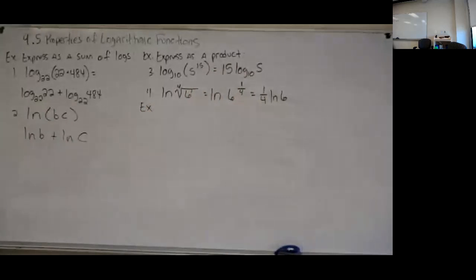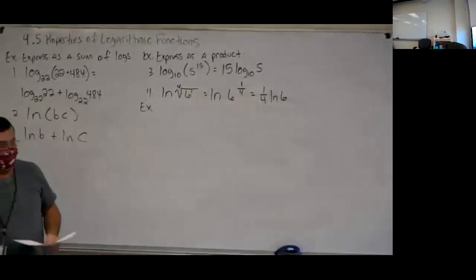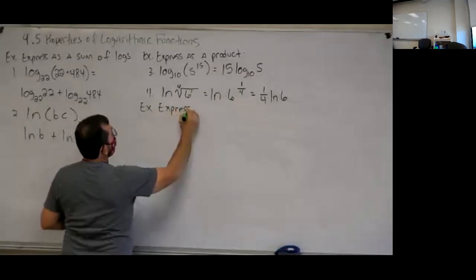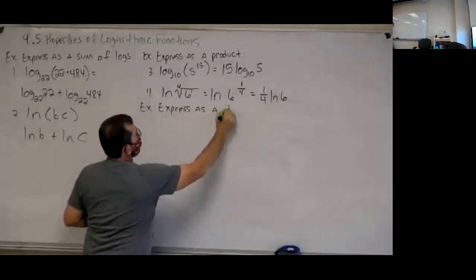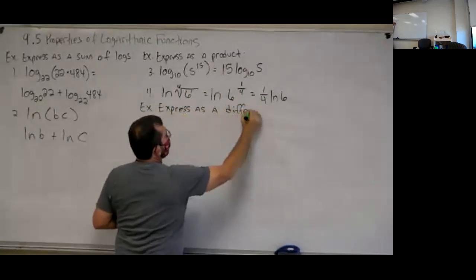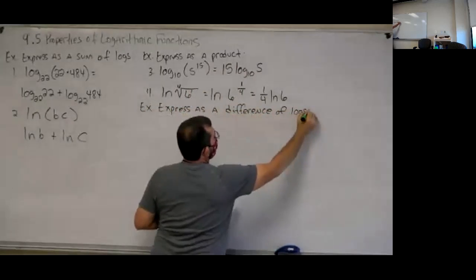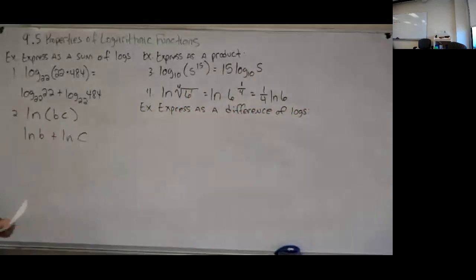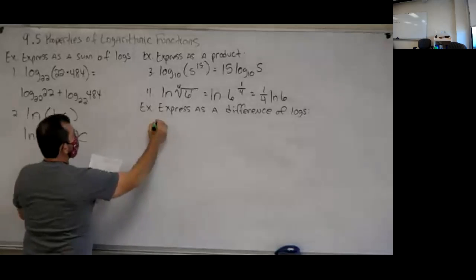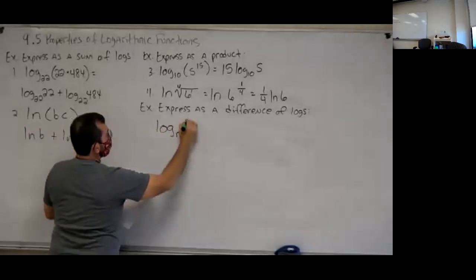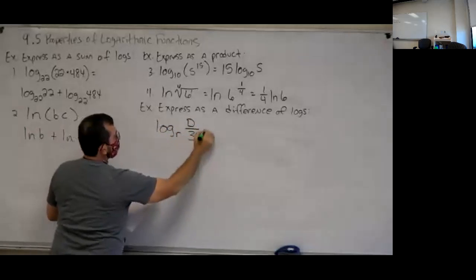So next it says express as a difference. So now we're looking at that quotient rule. So express it as a difference of logs. And I've got log base R of D divided by 3.